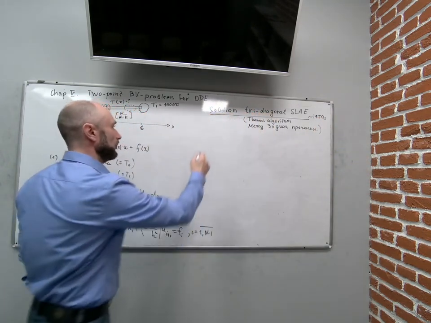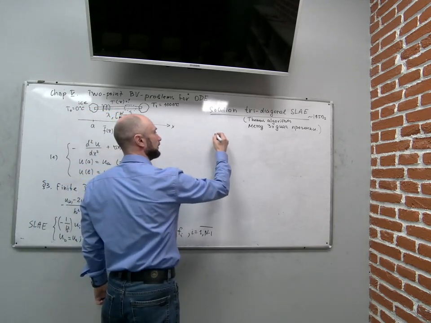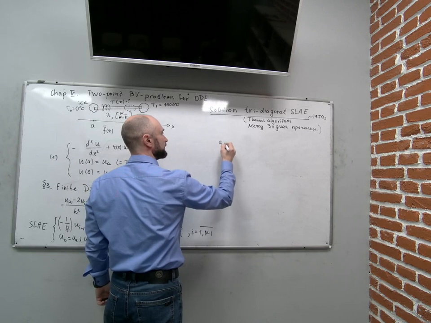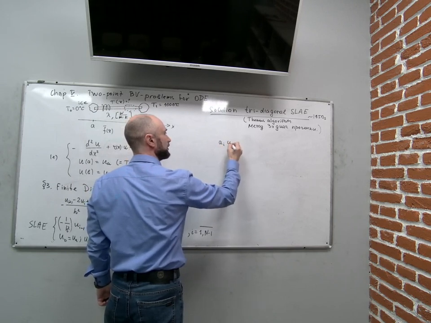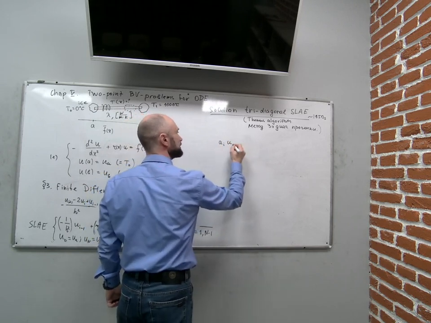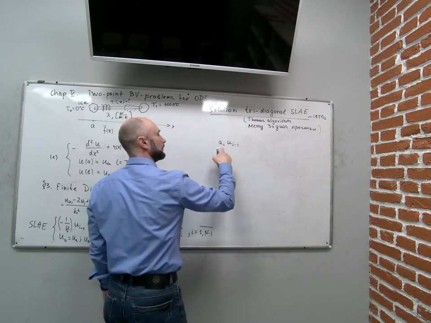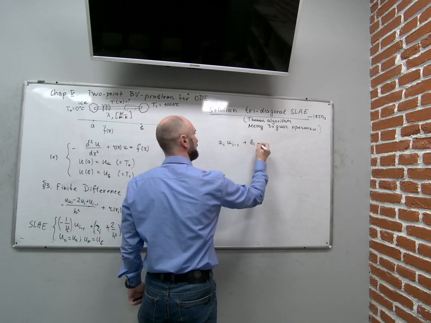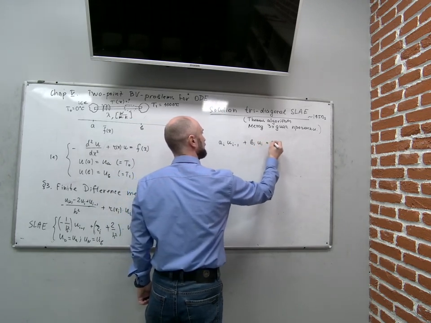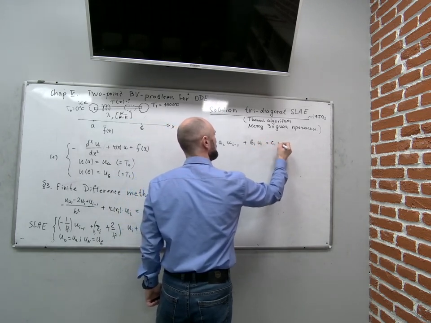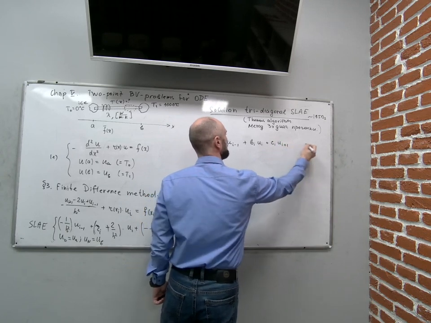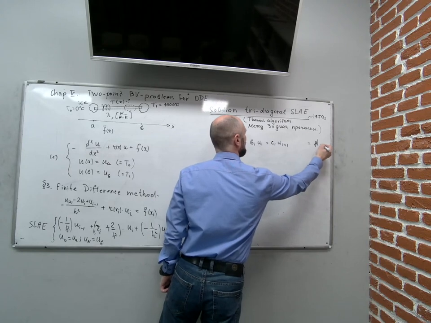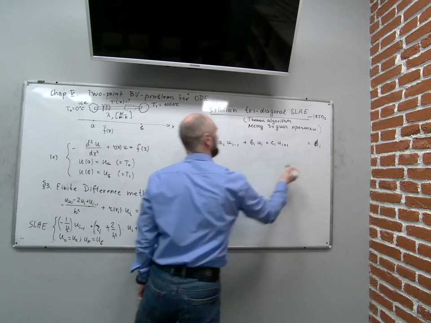1950s. So, the general view of the tridiagonal system looks like this. The ith equation involves three coefficients: a_i u_{i-1} plus b_i u_i plus c_i u_{i+1} is equal to d_i.